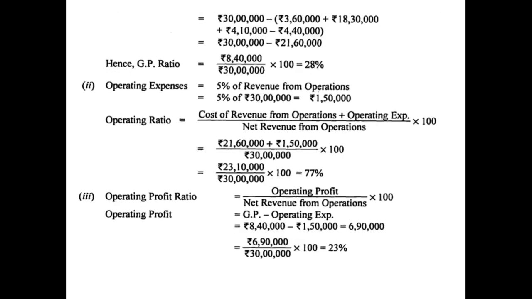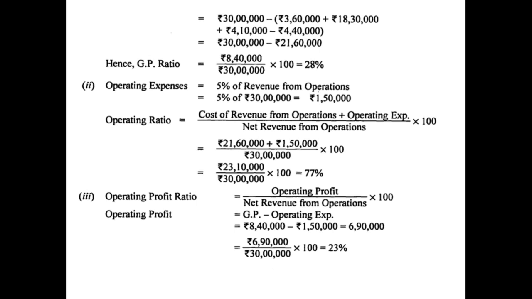Now, for calculating the further amounts, let us start with substituting the values in the formula. What we will do is we will calculate cost of RFO, that means opening inventory 3,60,000 plus purchases 18,30,000 plus direct expenses 4,10,000 minus closing inventory 4,40,000.